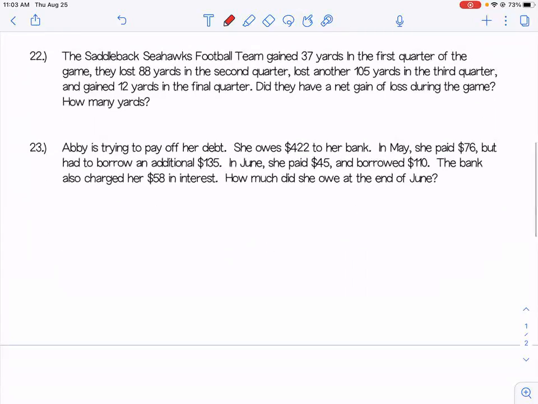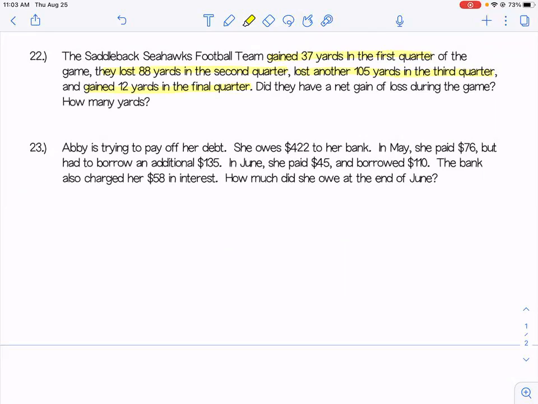The Saddleback Seahawks football team gained 37 yards in the first quarter. They lost 88 yards in the second quarter. They lost 105 yards in the third quarter. This football team is not very good. And they gained 12 yards in the final quarter.